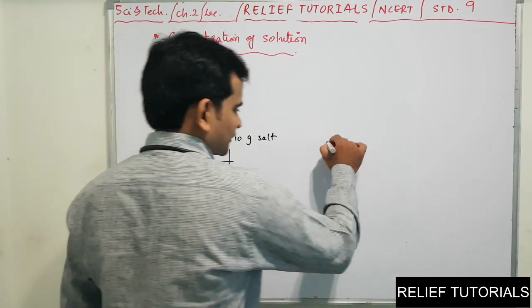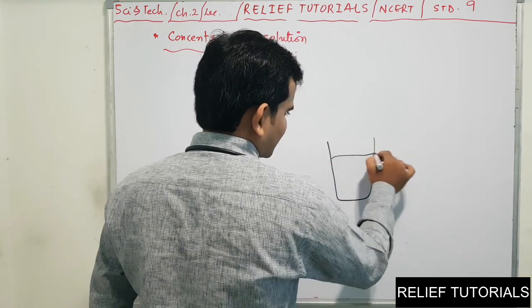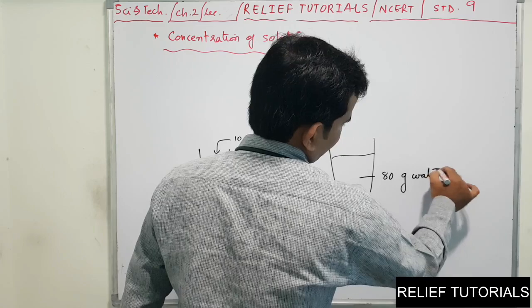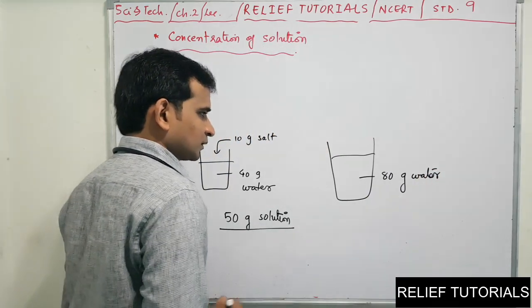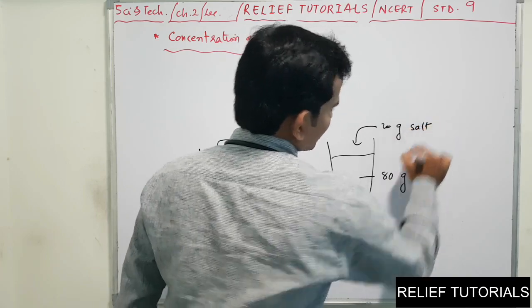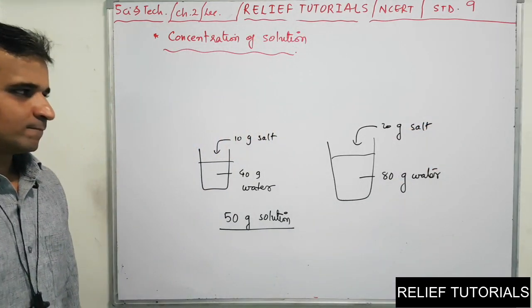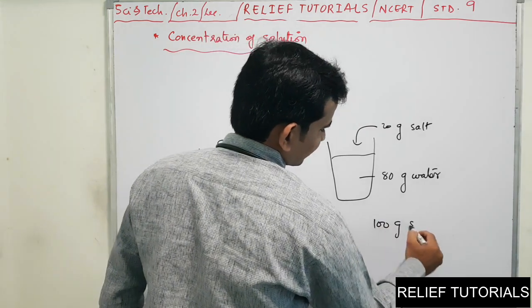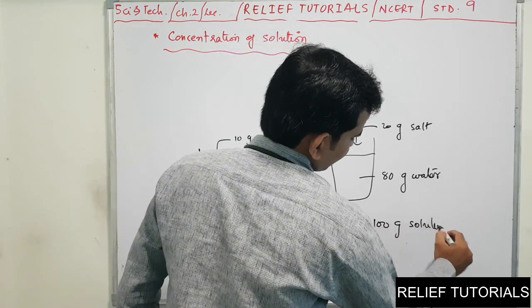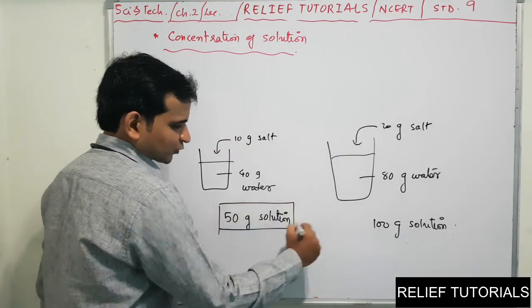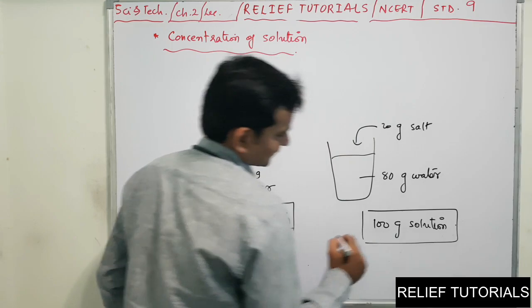Okay, another solution I have: I have taken 80 gram of water, and I am adding 20 gram of salt in that. So the total mass of the solution would be 100 gram. Okay, so this is a 50 gram solution. This is a 100 gram solution.